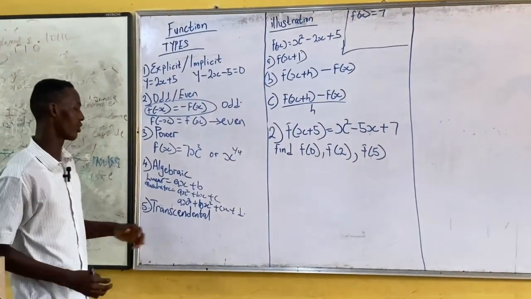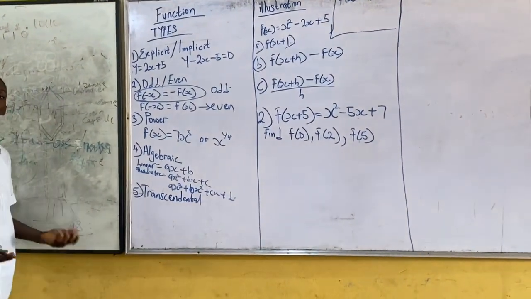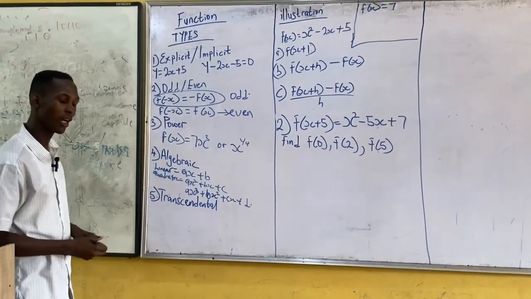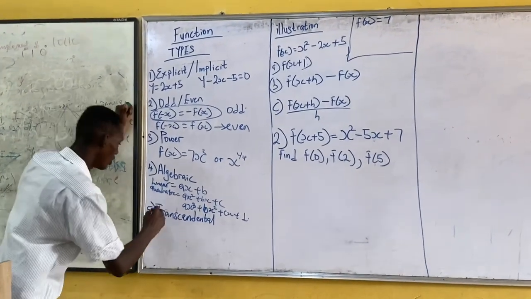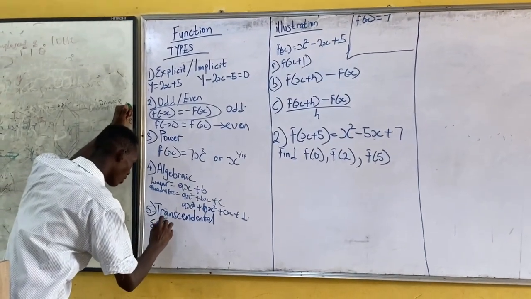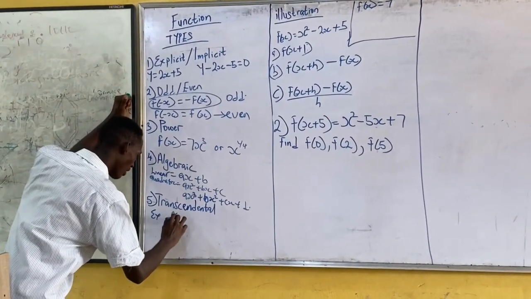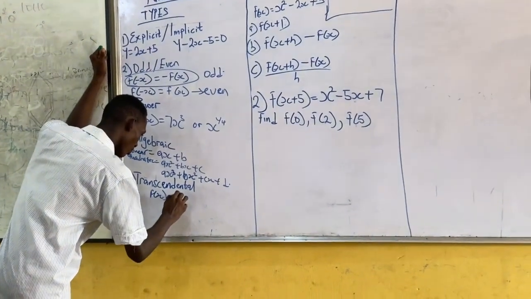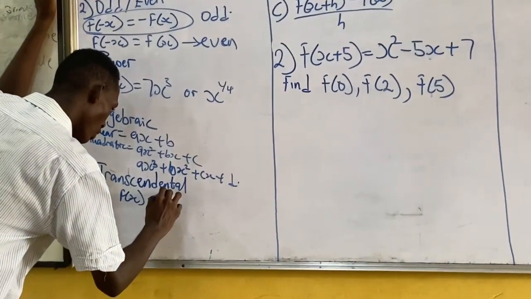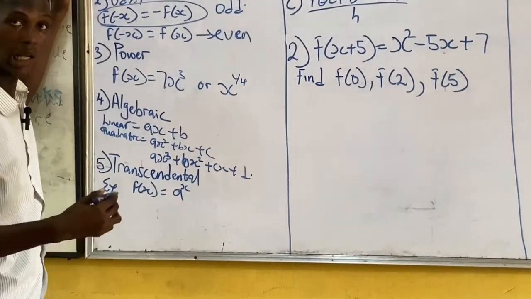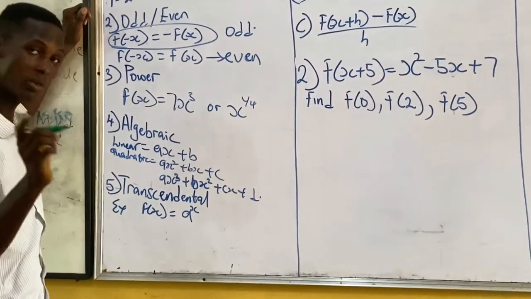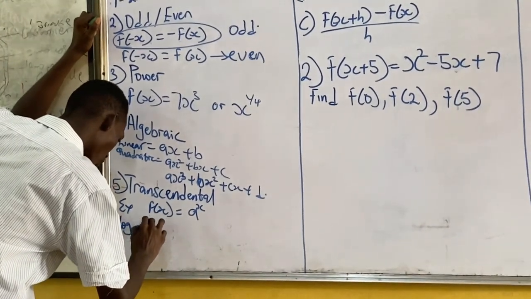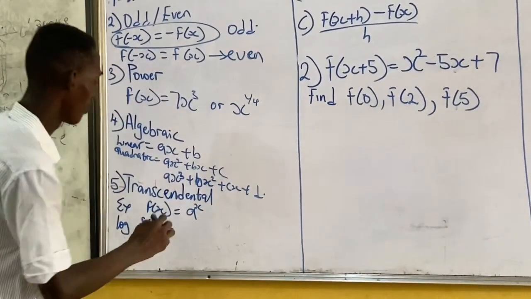Now for the transcendental, it comprises of about 4 subtopics under it. First one, we have what? Exponential. So for our exponential function, you can say our f of x or y, you can replace it with y, it's still the same thing, is equals to what? A to the power of what? X. Are you with me? Now for the logarithmic expression, for the log, we have function of x is equals to what?